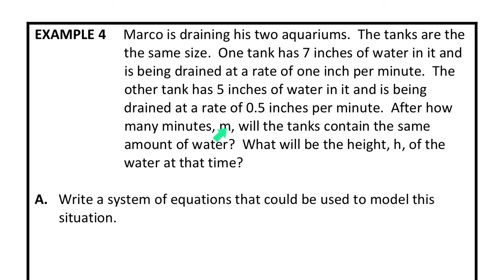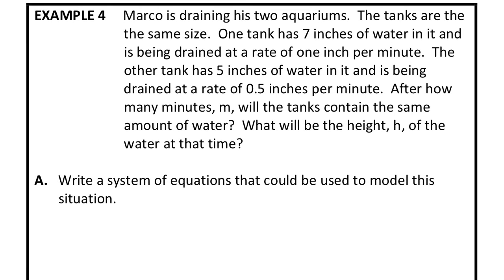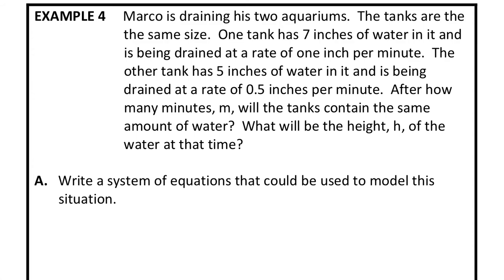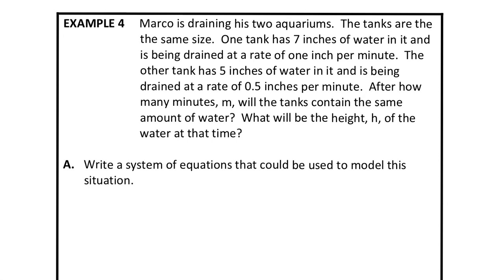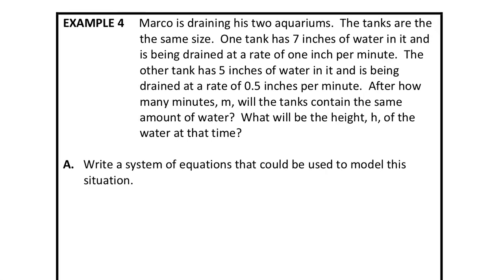So we have 2 variables, the number of minutes, M, and the height of the water at that time. And so it's asking us to set up 2 equations. Okay, so one thing we can say is that we have one tank that has 7 inches of water in it and is being drained at a rate of 1 inch per minute.